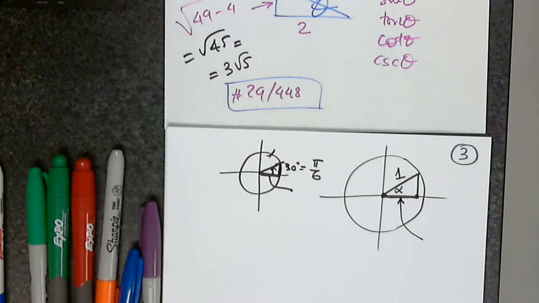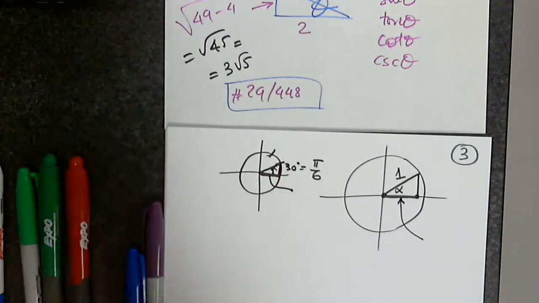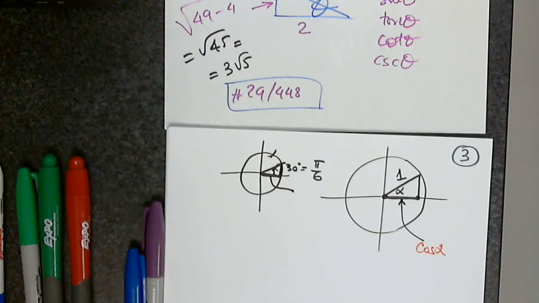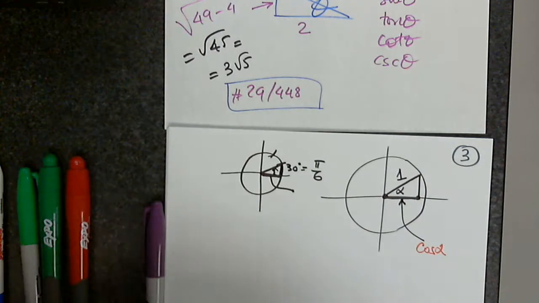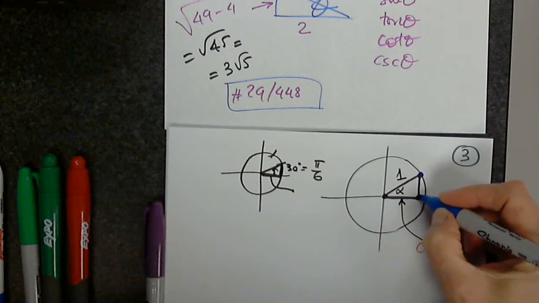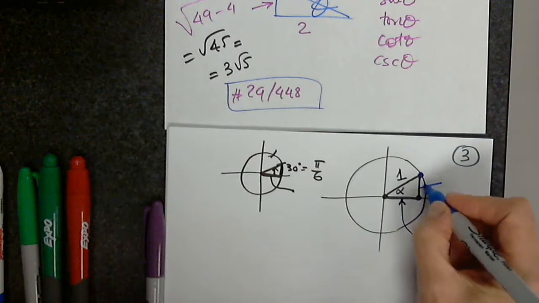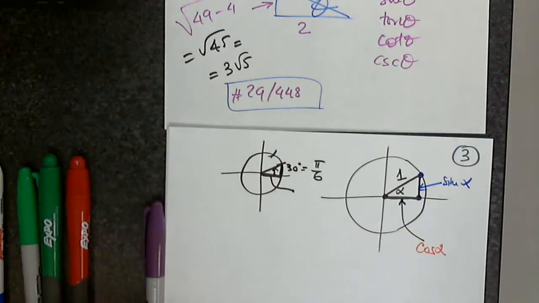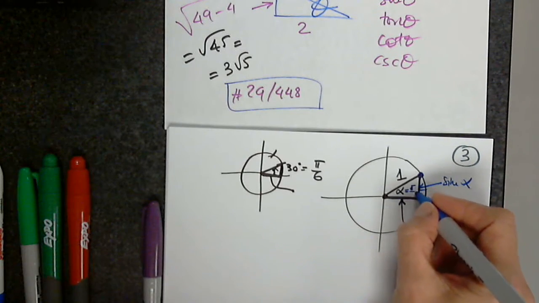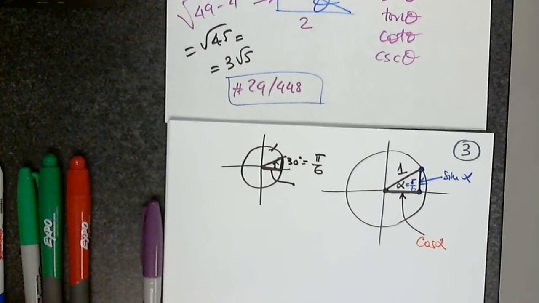What do we measure on the x-axis? Excellent. Thank you. So this must be cosine alpha. Perfect. And then what will this piece measure from this point on the circle till this point? Yes. Very good. So now our alpha is pi over 6, or 30 degrees.